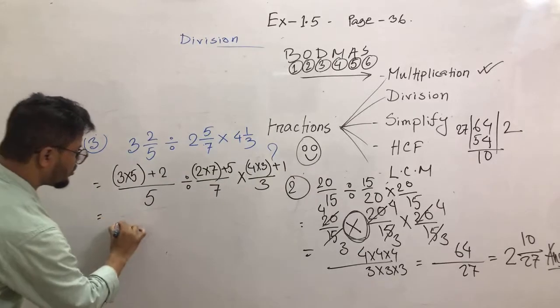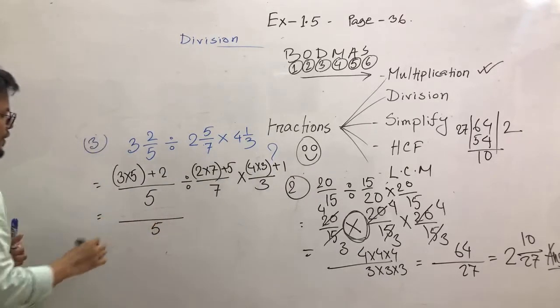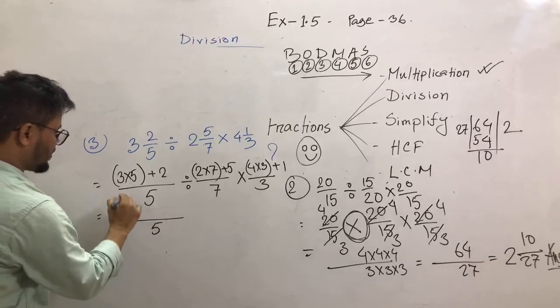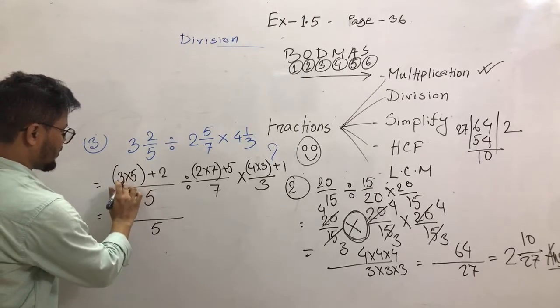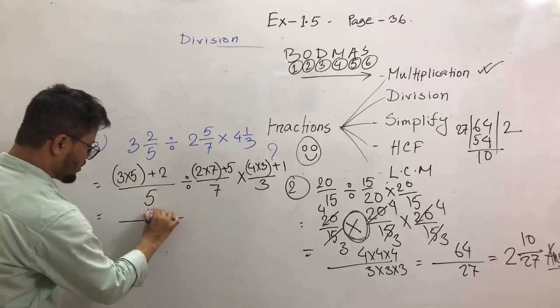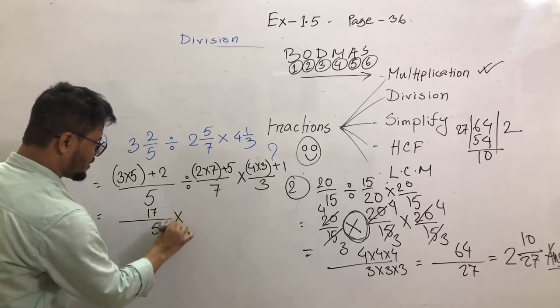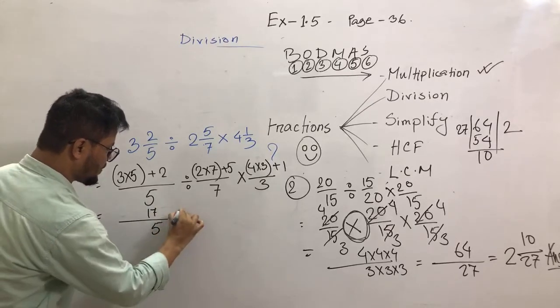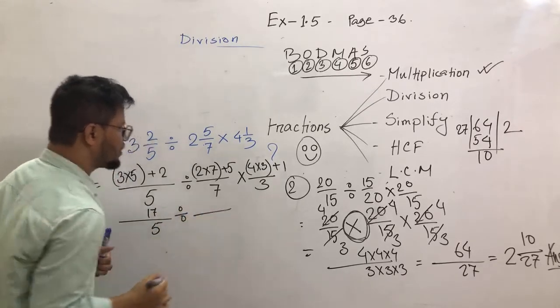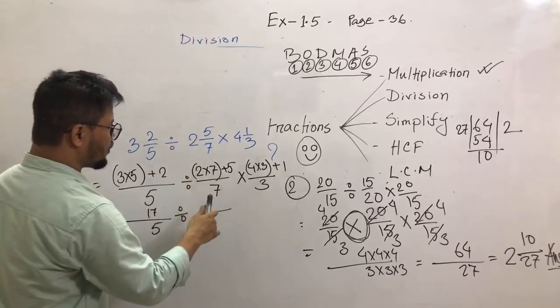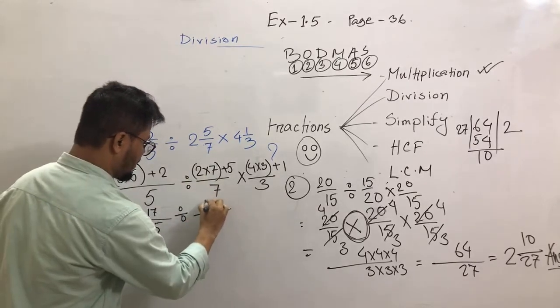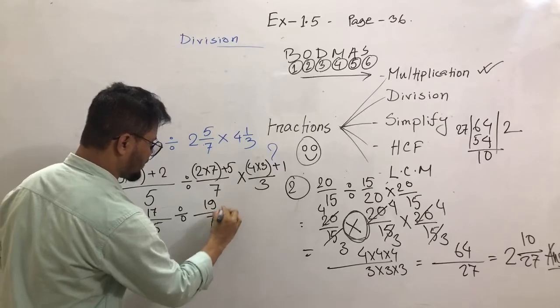So now 5 3s are 15 plus 2, 17. This is now divide. 7 2s are 14 plus 5, 19 divided by 7.